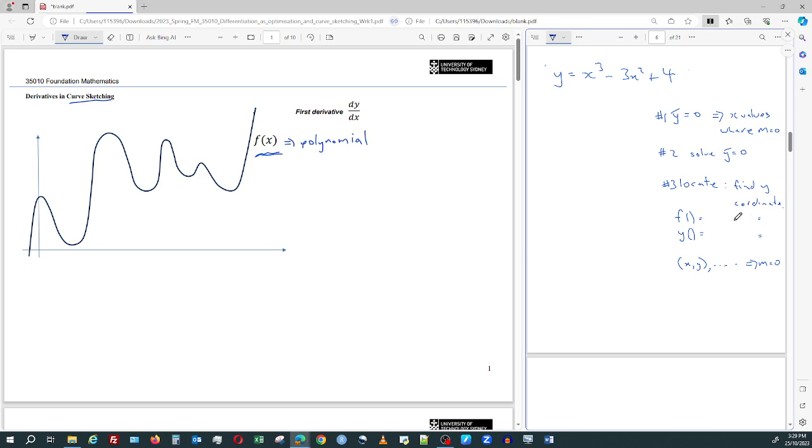So that's not much information, and I'll draw that out as we go along. The next thing we'll want to do is understand their nature. So once we locate them, we want to know what's happening before m equals 0 and what's happening after m equals 0. Now, there's a number of different ways to do this, and we'll see a few different ways, but one of the things that we can do is find the second derivative, and we can test at those found x values.